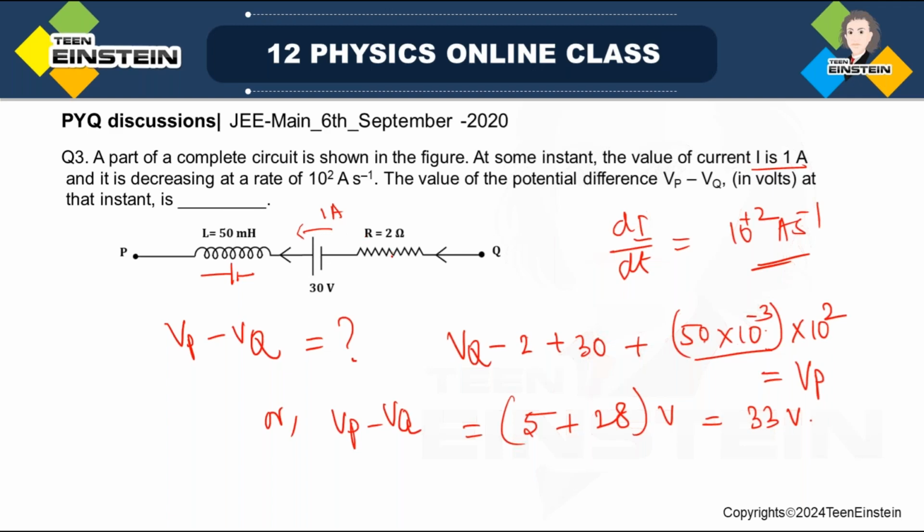Here one point you have to remember, that the direction of the current is given. That means this is at higher potential, and all over there will be a drop in the potential. That's why I have written Vq minus 2 volt here, and then you have this battery with a positive sign, obviously, because current is just going out from the positive terminal, and then you have back EMF over here.